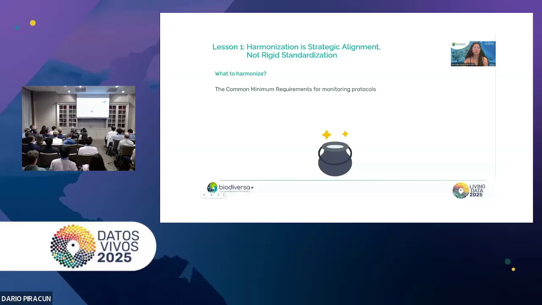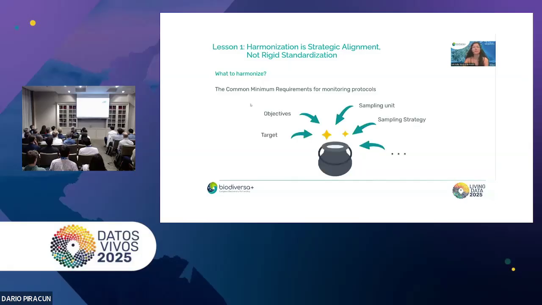These minimum requirements will help ensure that when we combine or compare the data from different regions, we're not just mixing different things, apples and oranges. And we can think of them as a set of guiding questions that every monitoring protocol should be able to answer clearly and consistently, and that you should all think about these questions.